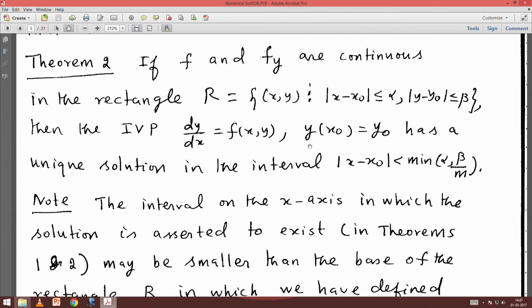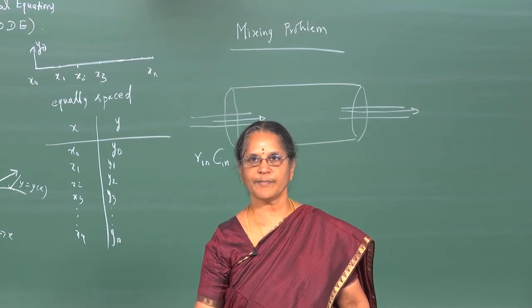Then the initial value problem has a unique solution. So, the initial value problem has a solution and that solution is unique, in an interval such that it encloses the initial point x naught.